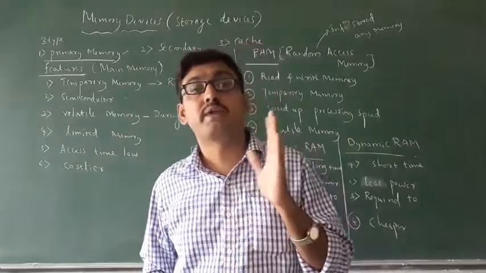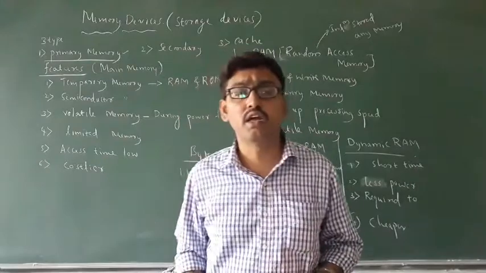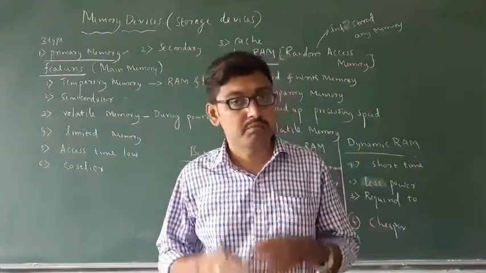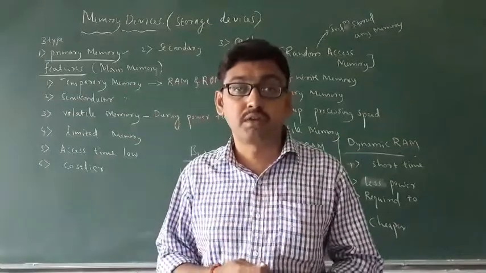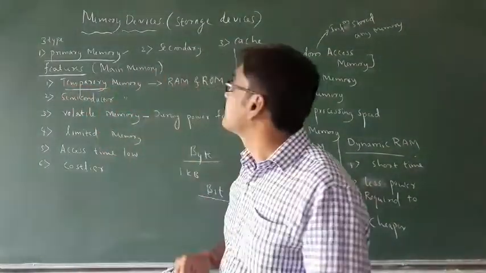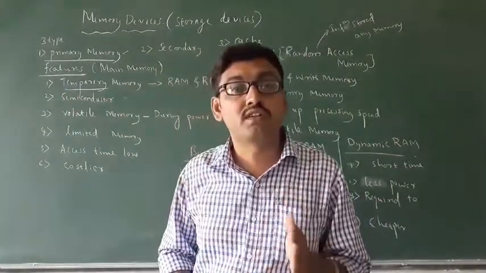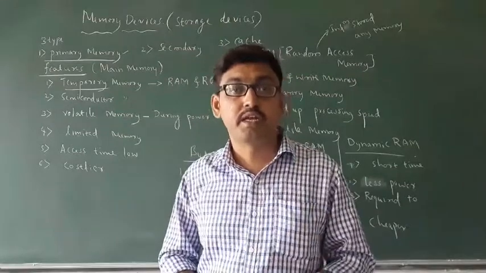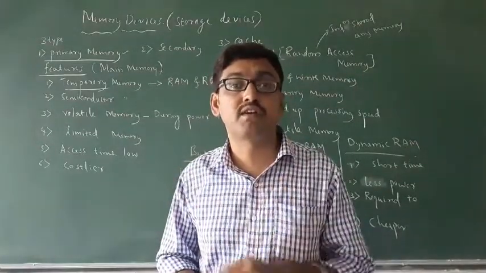What is primary memory or main memory? Many times in examinations a one-mark question asks, what is main memory? Main memory is the memory which stores the data and instruction temporarily.